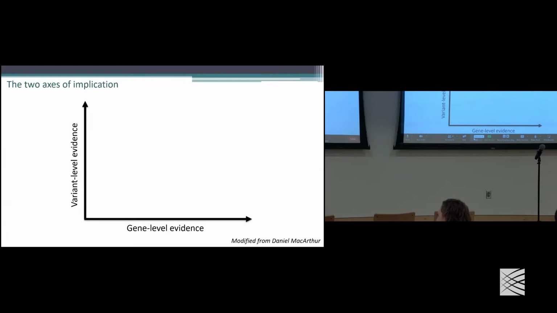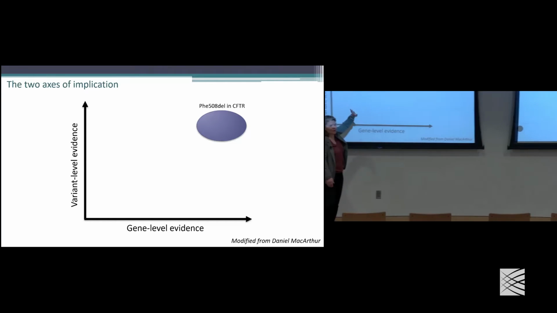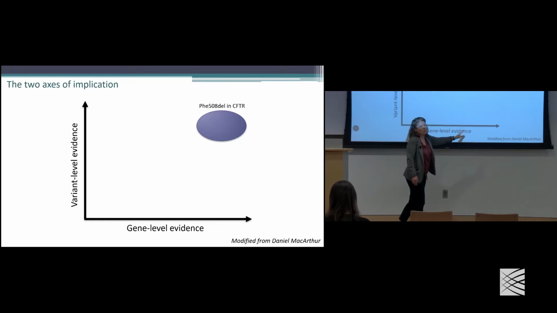So I'm going to talk a little bit about the distinction between classifying genes versus variants. And actually this original figure I stole from Daniel MacArthur, because I thought it was a great illustration of the concept of having gene level evidence on this axis and variant level evidence on this axis. There's lots of variants, like the common Delta 508 variant in the cystic fibrosis gene, CFTR. That is both pathogenic, well-established, and the gene is well-established as associated with cystic fibrosis.